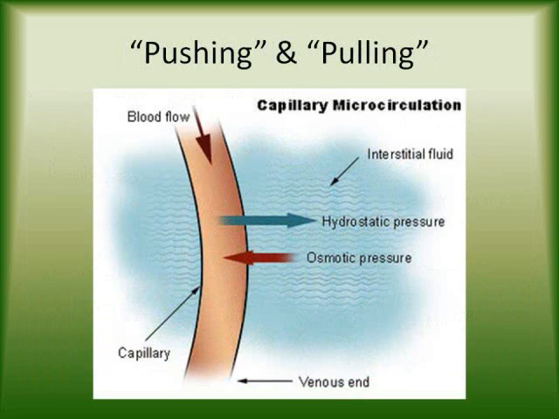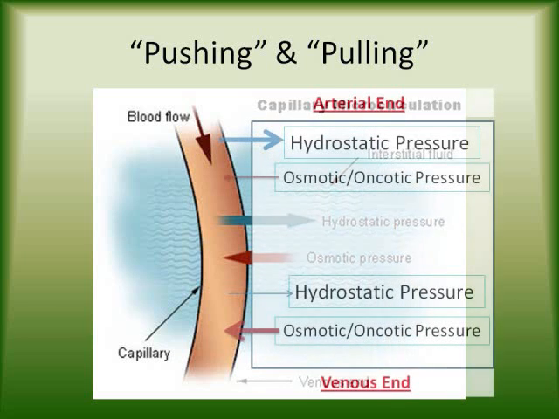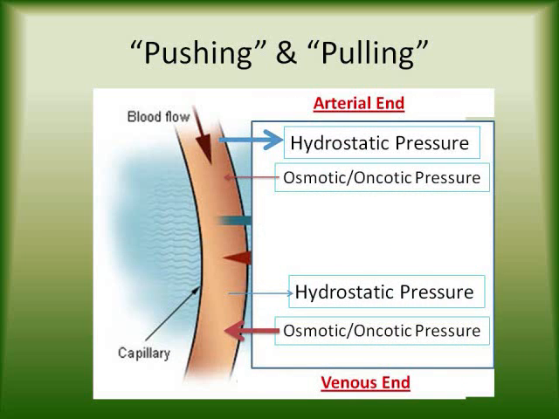Okay, pushing and pulling. The blood flow in this vessel is starting at the top, moving down towards the bottom. So the top is the arterial end, and the bottom is the venous end. We see osmotic pressure is pulling fluids into the vessel, and hydrostatic pressure is pushing it out. But let's break it down to what's happening on the arterial end versus the venous end.